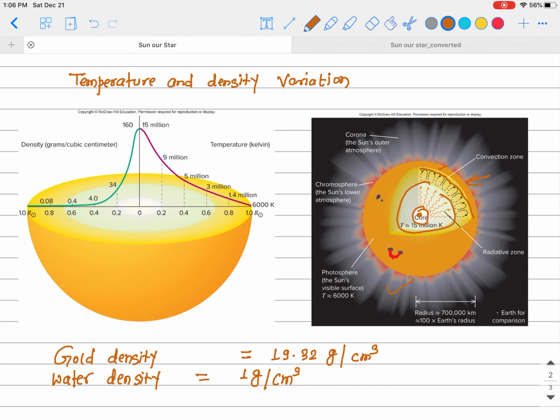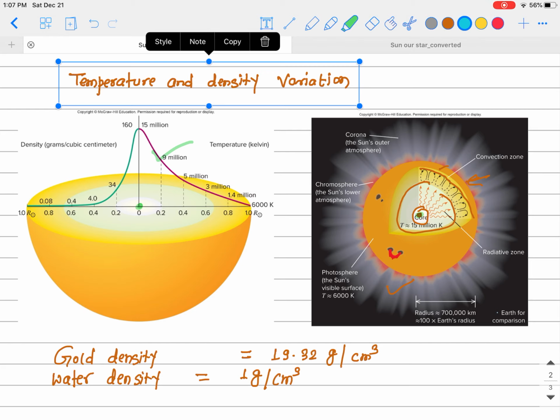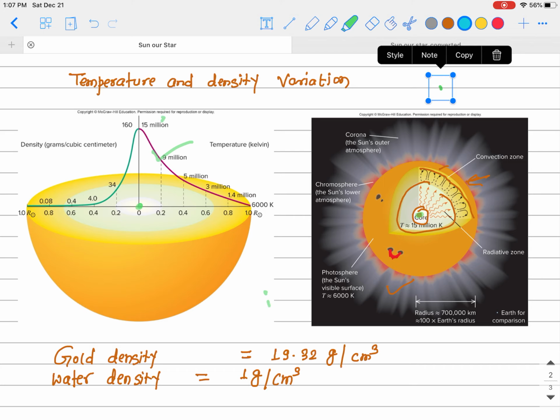Now, how do the density and the temperature change if we go from the surface to the core? If you look at this graph, it tells you the temperature variation. At the core, the temperature is 15 million Kelvin.